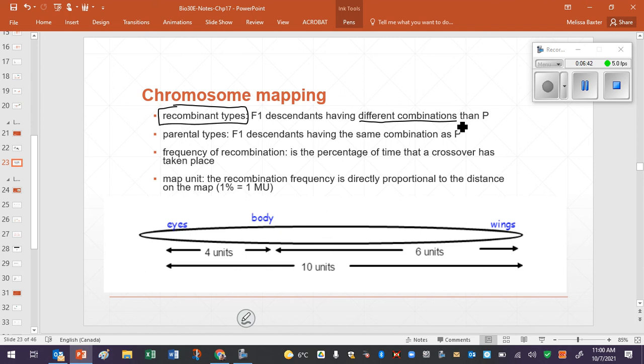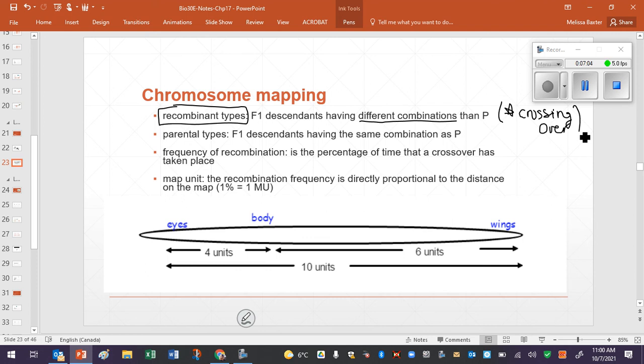In other words, a recombinant type had some crossing over occurring. And the crossing over led to the offspring having the genes assorted in a different way because of the crossover.